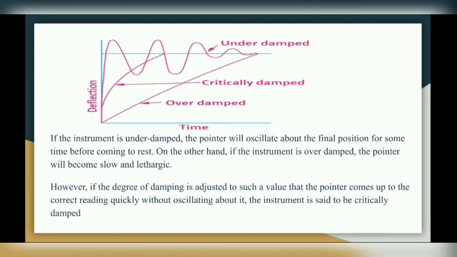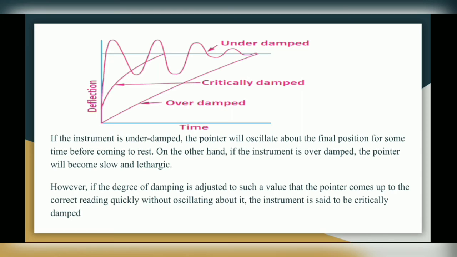If the instrument is underdamped, the pointer will oscillate about the final position for some time before coming to rest. So in the underdamped system, you can see in the diagram there are many oscillations, and the upper linear blue line indicates the steady position.